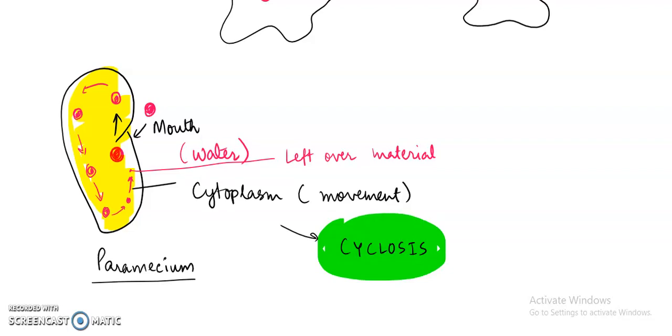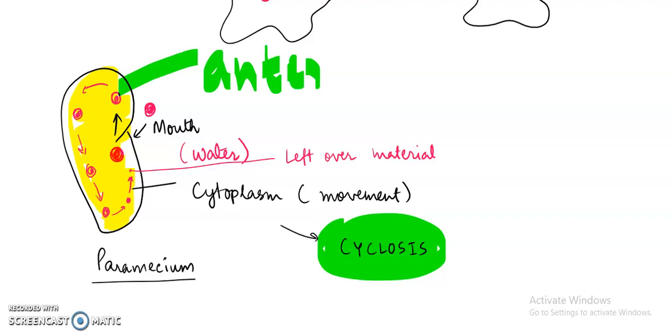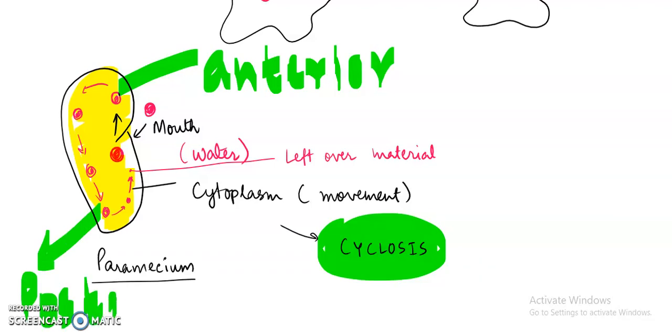As the food vacuole gets trapped inside, it moves from anterior to posterior end. Anterior end is this end which is at the front, and posterior end is the one which is at the back. So as the food vacuole moves from anterior to posterior end, the food inside the vacuole gets digested and the leftover food in the vacuole moves out through the same place where it entered.